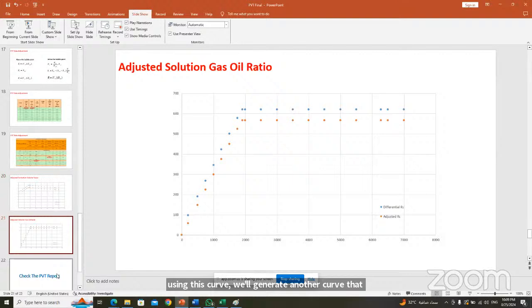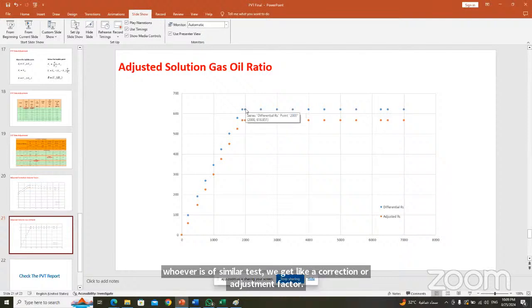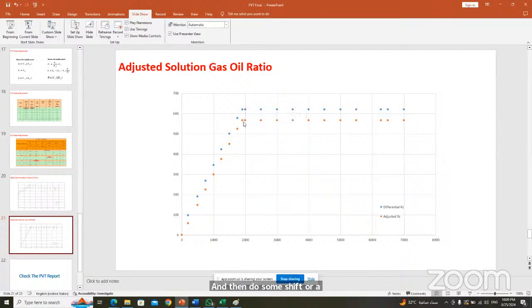Similarly, we do something similar for the Rs. We do this adjustment. Basically, we have the Rs from the differential test, and we have the Rs of the separator test. We get a correction or adjustment factor, and then do some shift or change in these curves. It's not exactly a shift, it's just a correction.